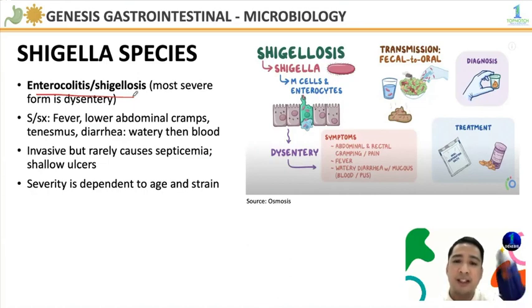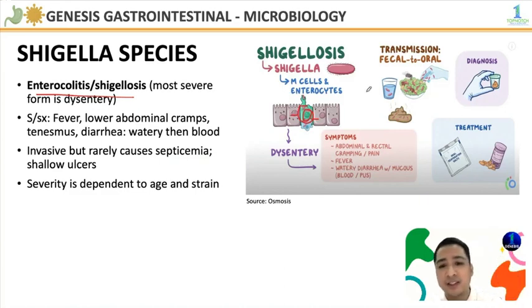If you appreciate this image lifted from Osmosis, the main pathogenesis of Shigella is to invade the M cells. Once inside the M cells, they are capable of escaping the immune system. They will infect other cells through the paracellular pathway by actin jet polymerization.